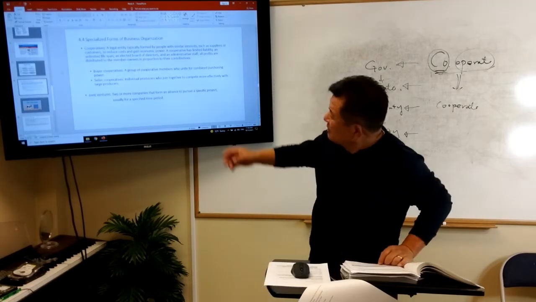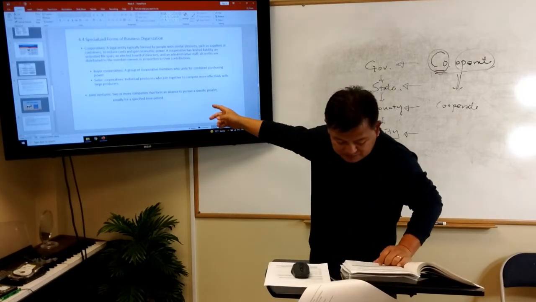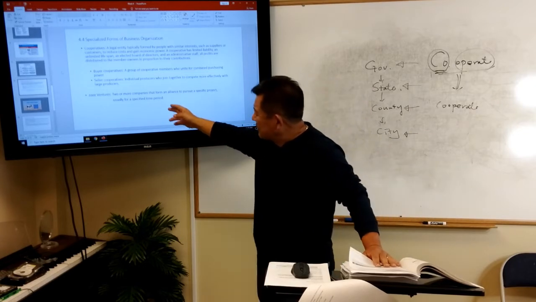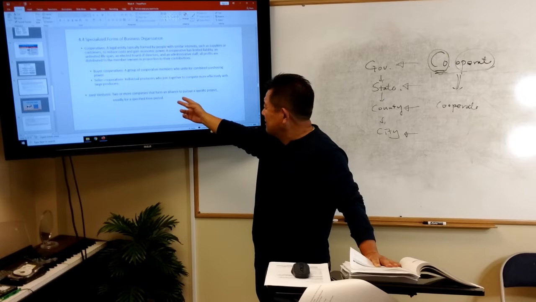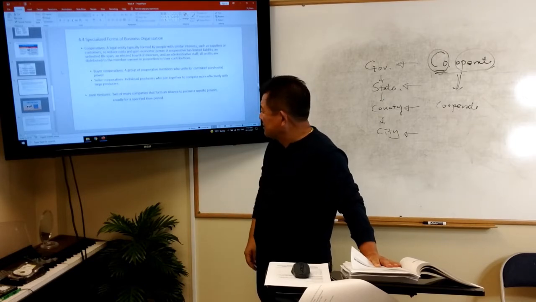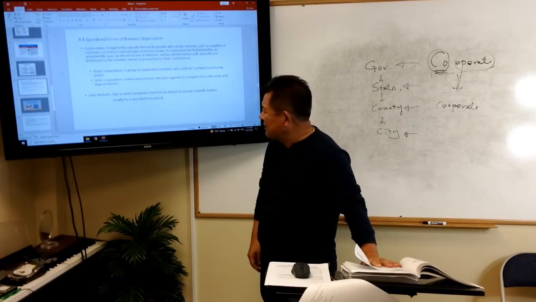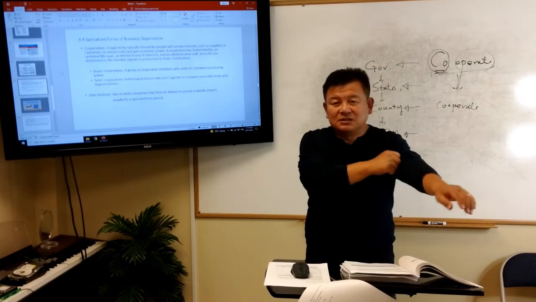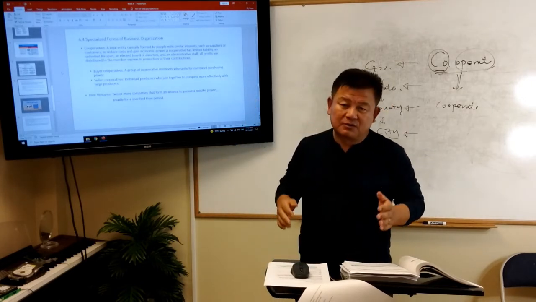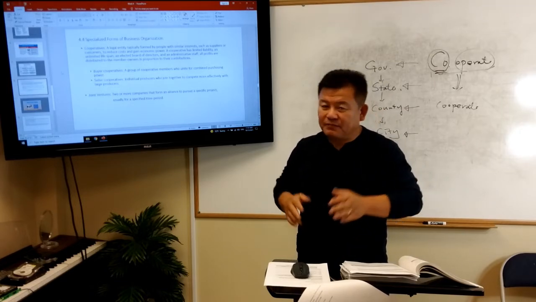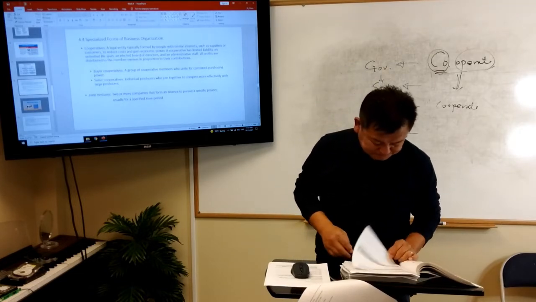And the other one is a cooperative of specialized firms, the joint venture. Two or more companies form an alliance to pursue a specific project, usually for a specific time period. So a joint venture means a specified period, okay, a 3 year project, a 5 year project, something like that.